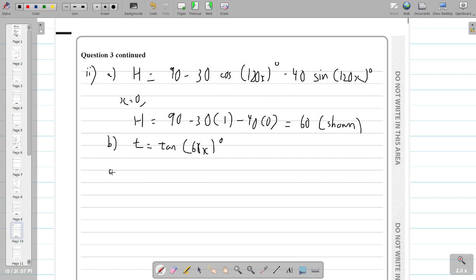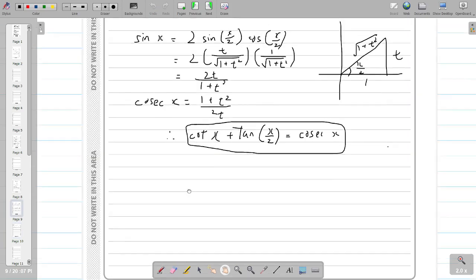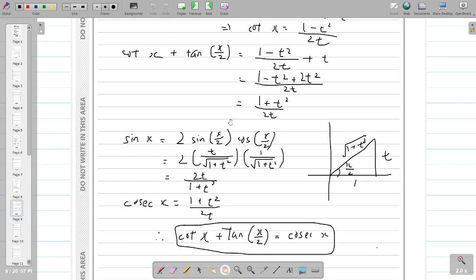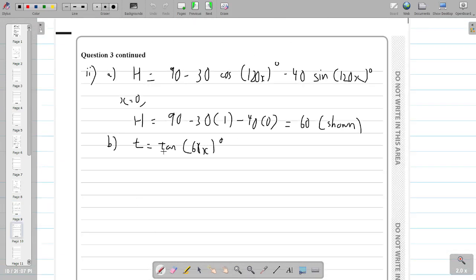So let's see, cosine of 120 degrees x. Let's write out the relevant results from the previous ones. So we already know what the sine one is going to be, because that's what we got. Sine of 120 degrees x is equal to 2t over 1 plus t squared. Cosine we're just going to have to prove separately, but it's not that difficult to prove.